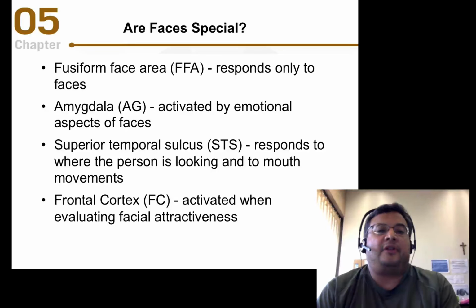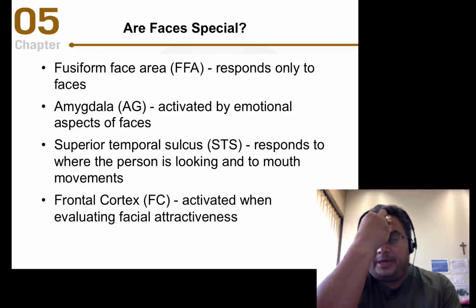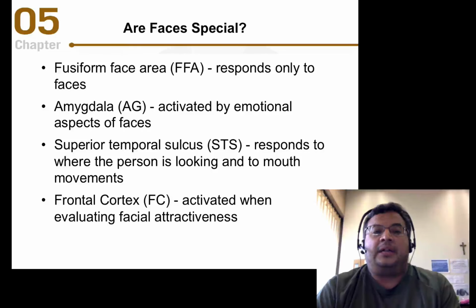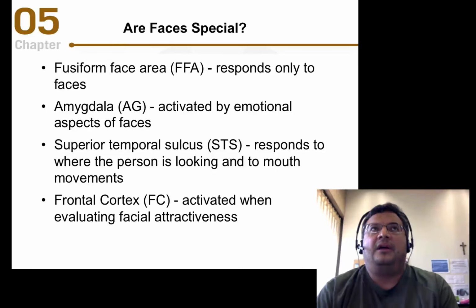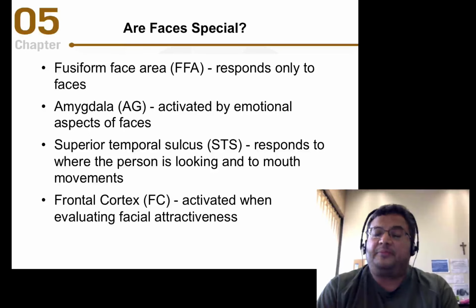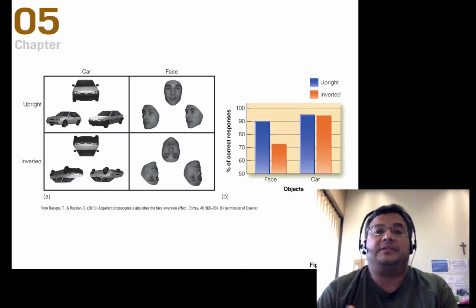And then finally, the frontal cortex, the front part right here, lights up whenever we're evaluating facial attractiveness. So if you're looking at somebody and evaluating their attractiveness, which we all do, that part of the brain seems to be particularly involved. So we have this constellation of different areas of the brain that respond preferentially to different aspects of perceiving other people's faces.